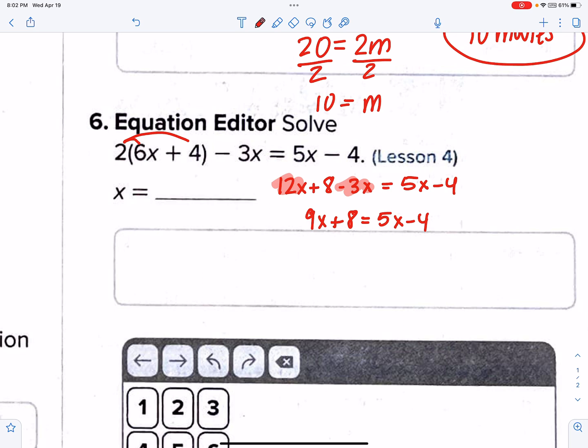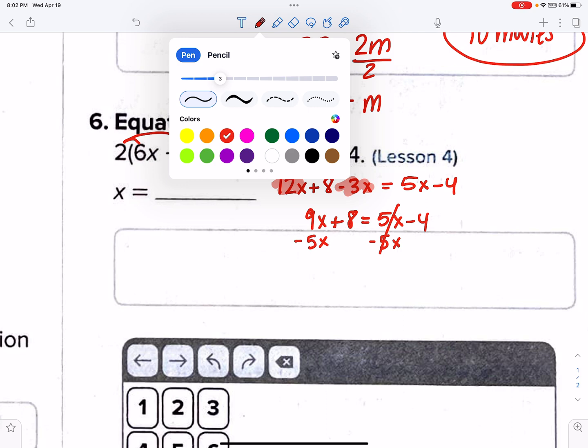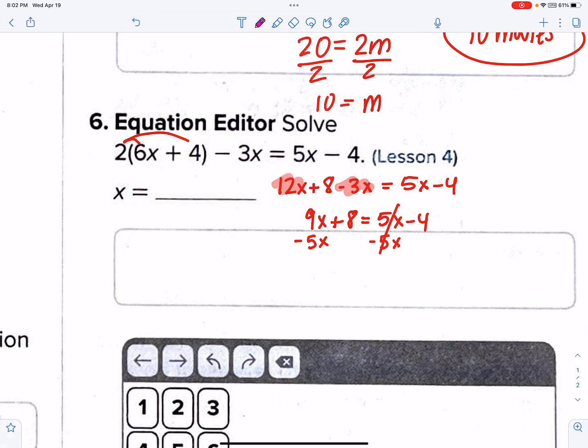Okay. Now we can move things around. Let's strategically think about this. I'm going to subtract 5x from both sides. I'm just randomly choosing to do that. You could subtract 8 from both sides or add 4 to both sides. It's really up to you. They're all going to equal the same thing. And then when I do that, I get 4x plus 8 equals negative 4.